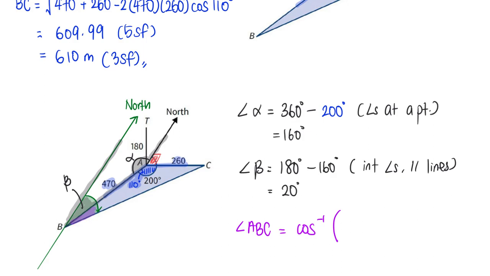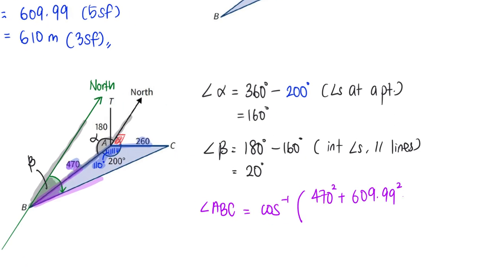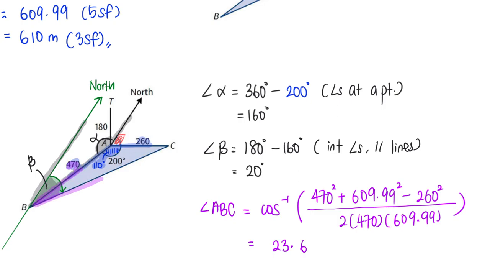So cosine will be equal to, I will start off with 470 square and my BC, 609.99 square, minus 260 square, over 2 times 470 and 609.99. That will give me 23.611 degrees to about 5 SF.